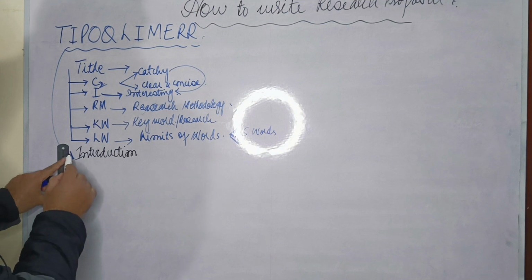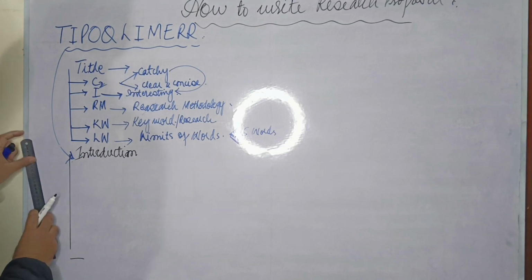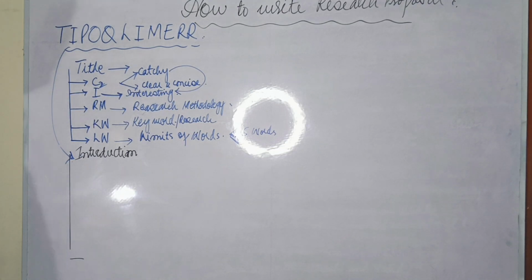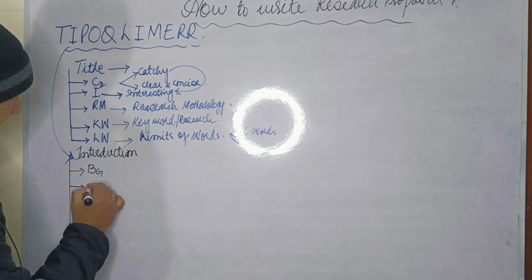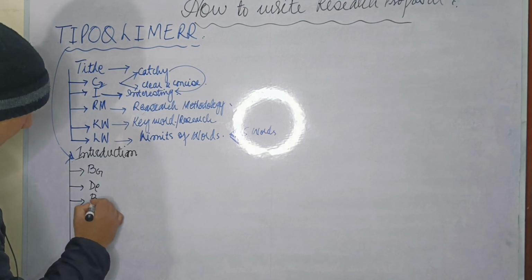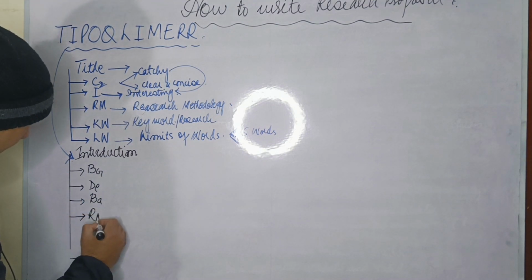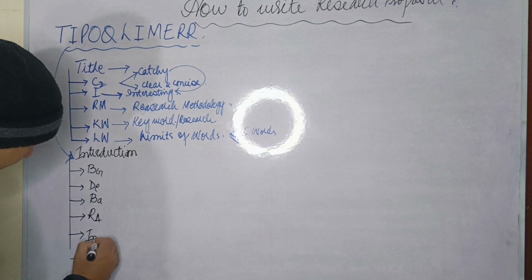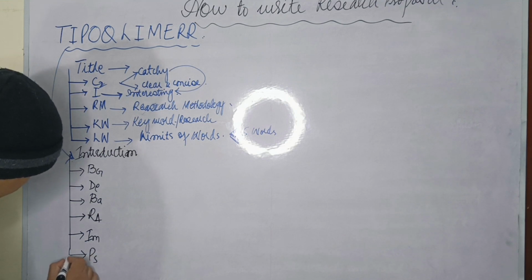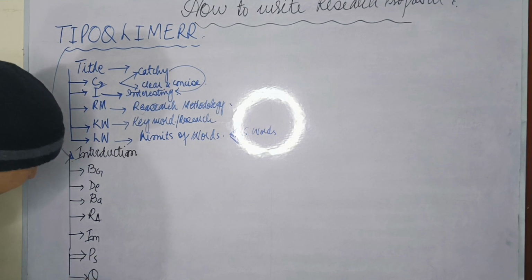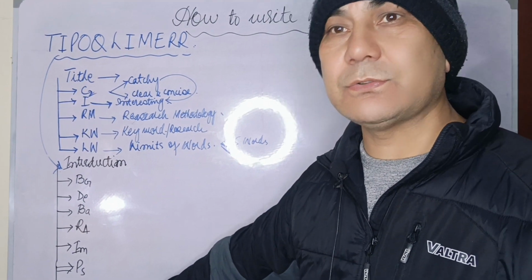Let me give another mnemonic I prepared for the introduction part: BG, DE, BA, RA, IM, then P is the PS, the problem statement, and Q is for the research question.